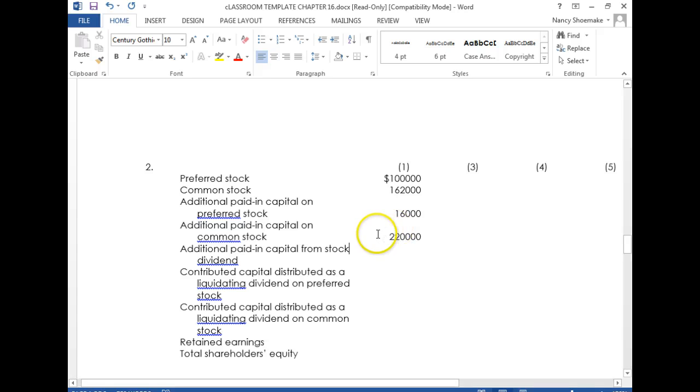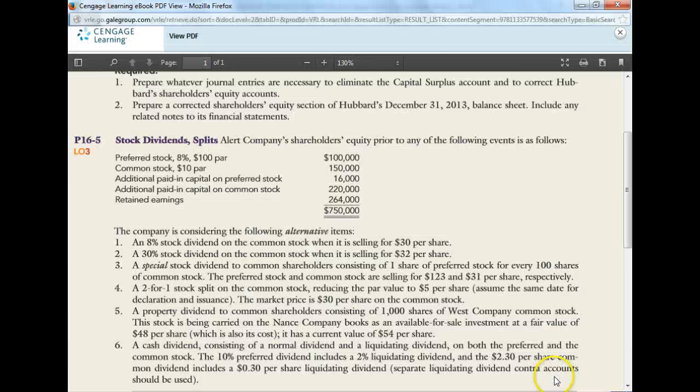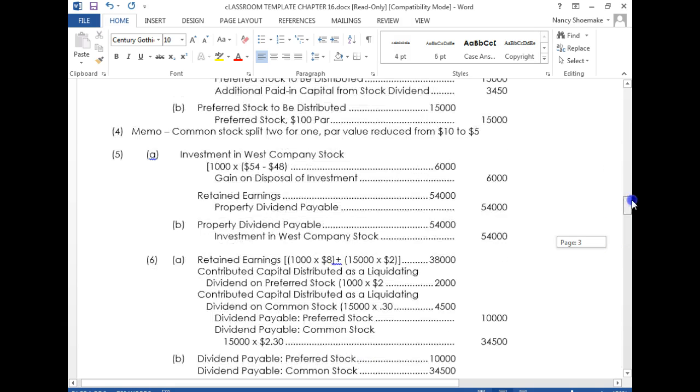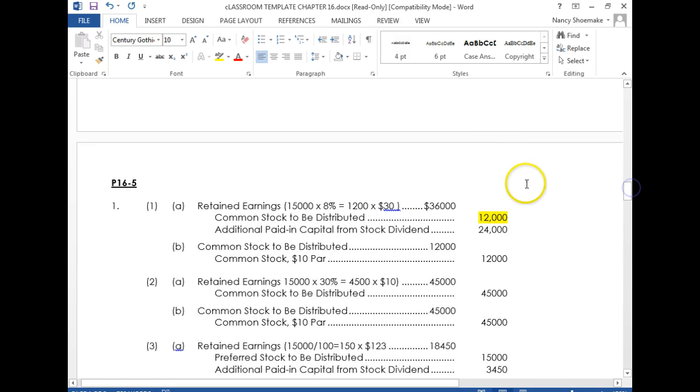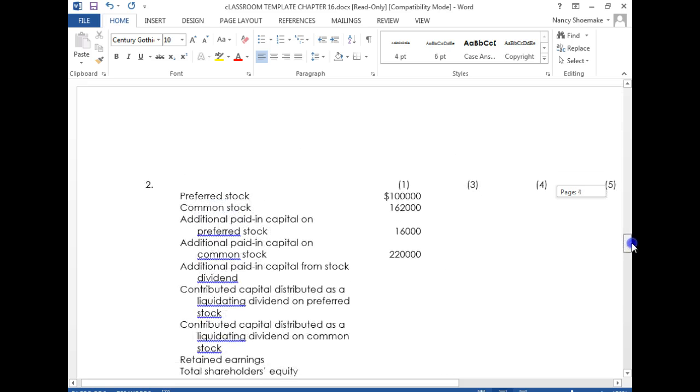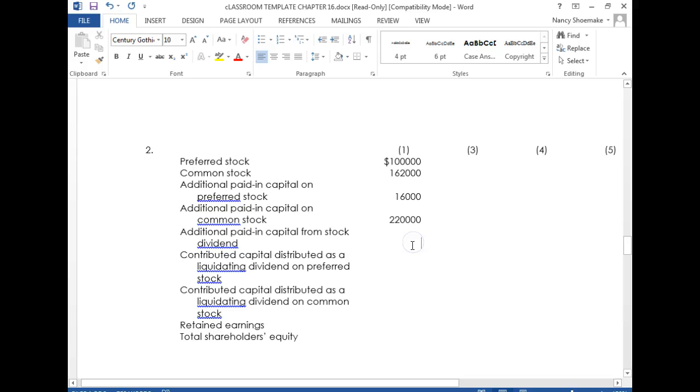And then we've got additional paid in capital from stock dividend. Did we start with anything? No. But what do we have for a journal entry here? 24,000. See that, guys? 24,000.